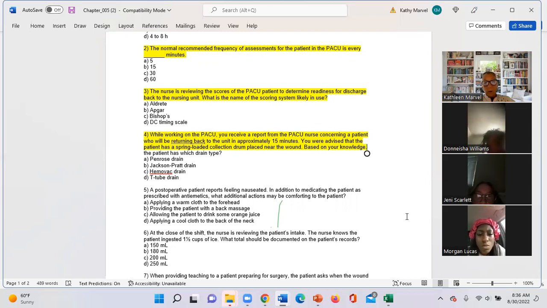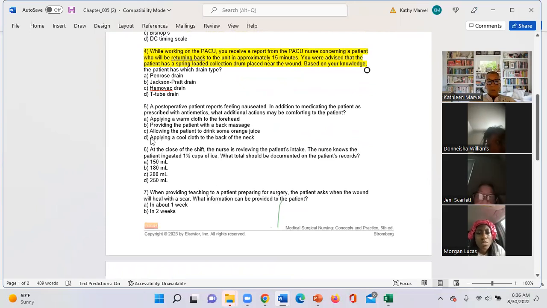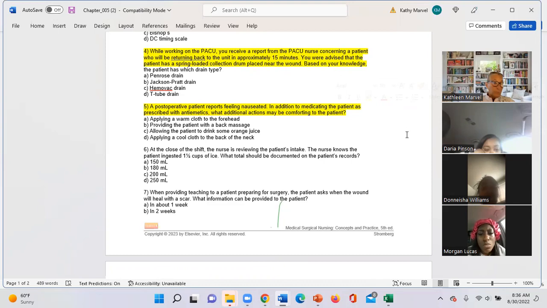A spring loaded collection drum is a Hemovac. So you get a post-op patient who's feeling nauseous. What else might you do for the patient besides antiemetics? That's D.